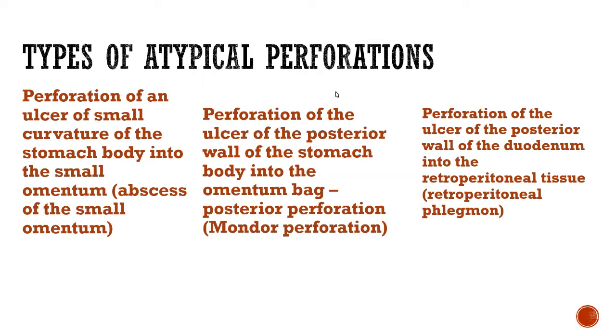Perforation of the ulcer of the posterior wall of the stomach body into the omental sac, the posterior perforation, Monder's perforation. Perforation of the ulcer of the posterior wall of the duodenum into the retroperitoneal space, the retroperitoneal phlegmon.